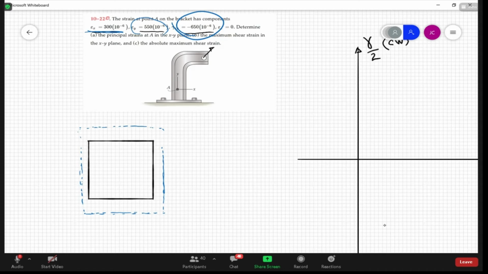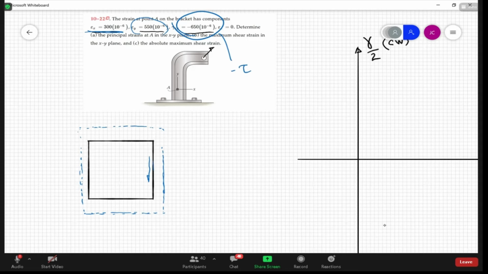Well, this is a negative shear strain, so that comes from a negative shear stress, because the shear stress is proportional to the shear strain. And on the positive X face, that would correspond to a shear traction acting down.